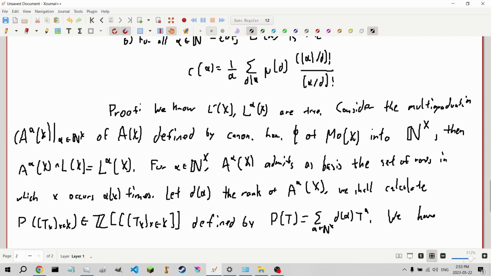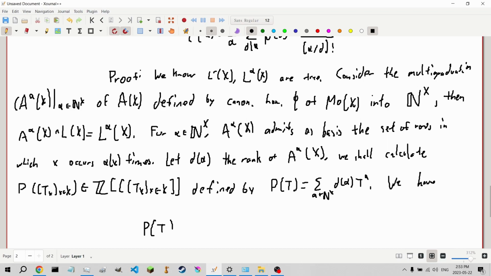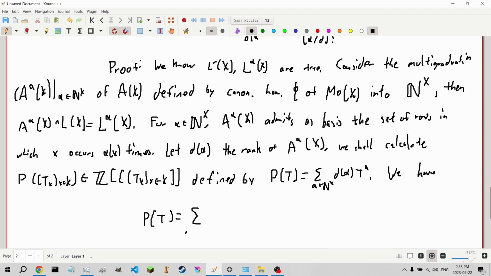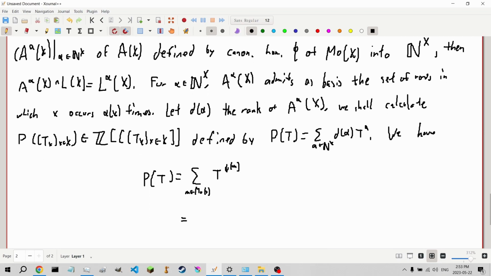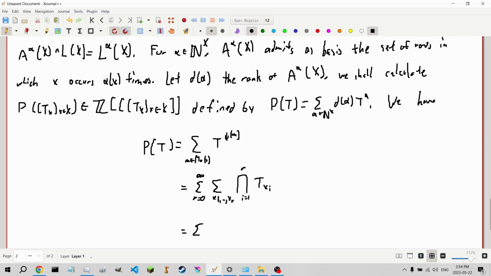We have then that P of t is the sum across m in the free module of X of t to the φ(m), which is equal to the sum across r from 0 to infinity of the sum across all sequences x_1 through x_r of the product of the t_{x_i}, which is equal to the sum from r equals 0 to infinity of the sum across x in X of t_x to the r.